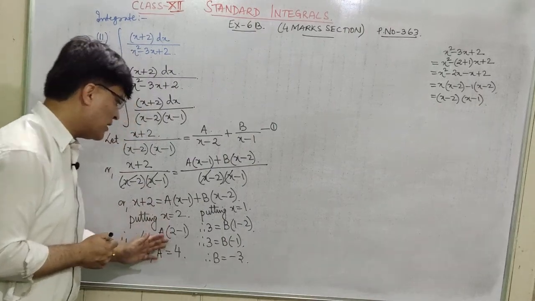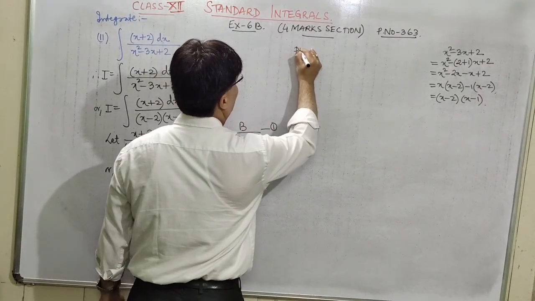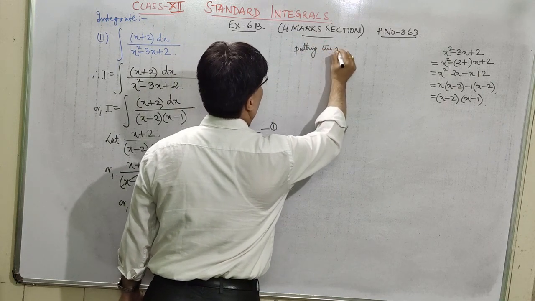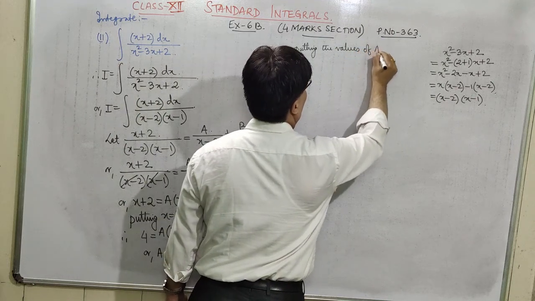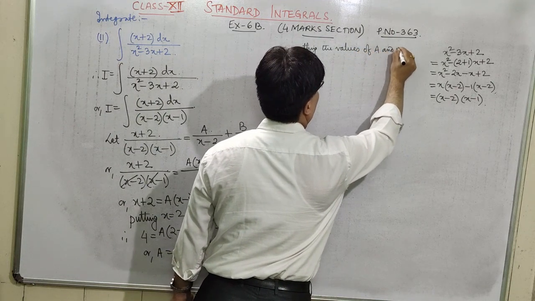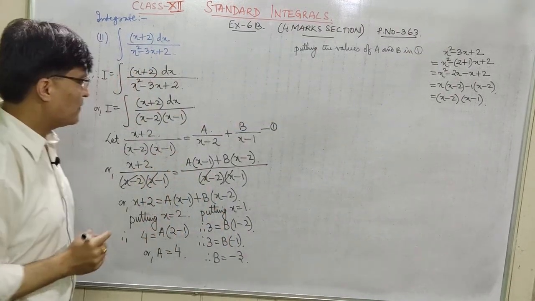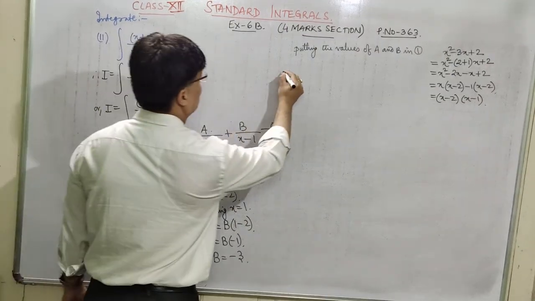So we have got both the values of A as well as B. Let us put these values of A and B in equation 1.